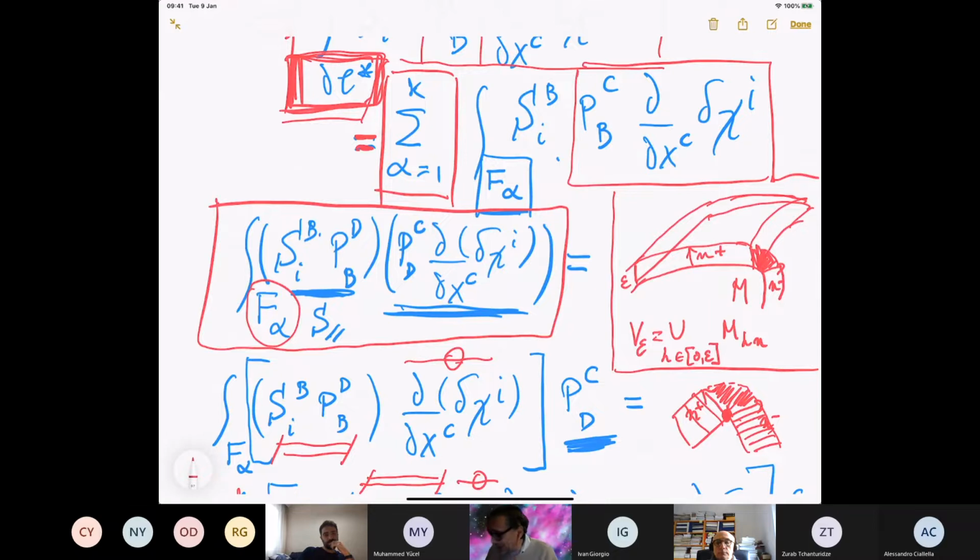Now, we need another technical trick. Here we have P_BC d over dX_C. This is what we have seen is important in our integration by parts on the surface.